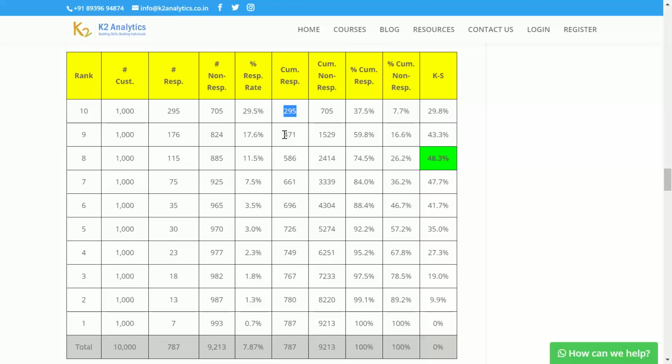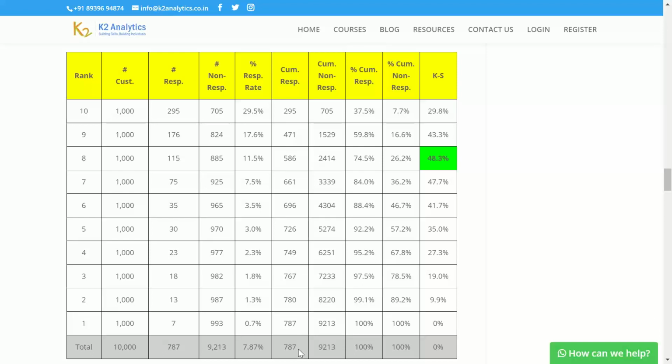In the next decile we will have 295 plus 176, that is equal to 471. In Excel, what you have to do is say equal to cell reference to this cell. Then in the next cell, equal to cell reference to this cell plus cell reference to this cell. You will get 471, and then copy paste.